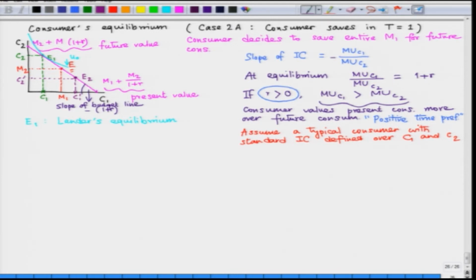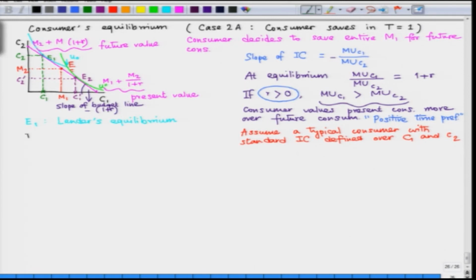So, this E2 point will basically give the borrower's equilibrium, and in that case we can superimpose the indifference curve in such a way that a totally new indifference curve makes a tangent at that point E2. So, in case number 2b, say this is the indifference curve.